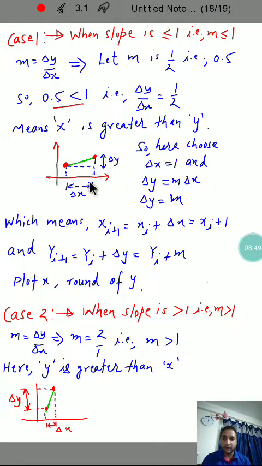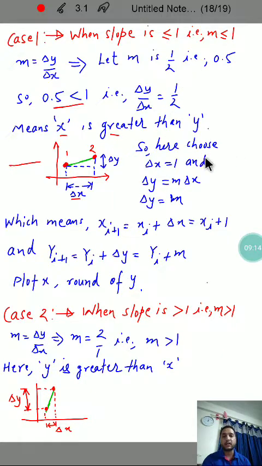This is delta x, and if this is the line from point 1 to 2, this is delta x and this is delta y, the vertical line. Here delta x is greater and y is very small, so it will be approximately a horizontal line. Then the slope will be less than or equal to 1.